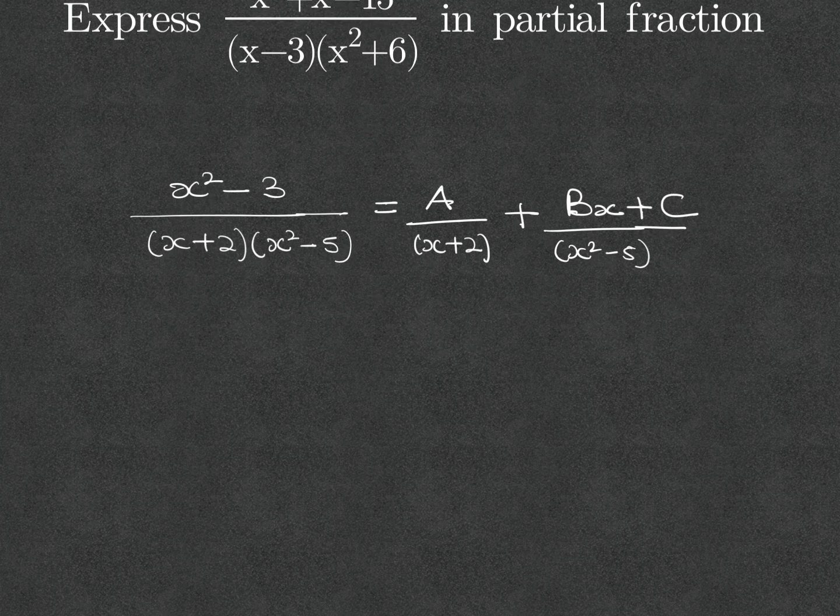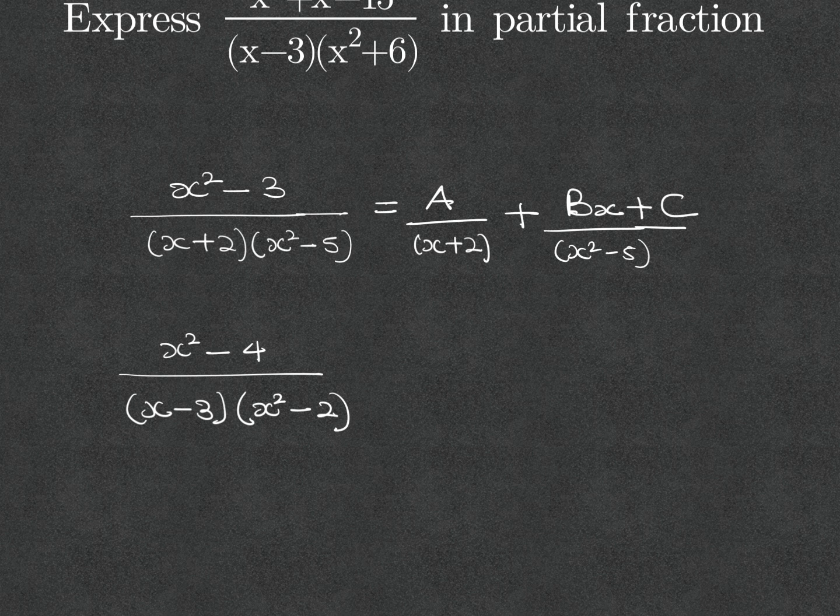Let's give another example. If we have, let's say, x squared minus 4 all over x minus 3 into x squared minus 2. Here again, we have a quadratic function.